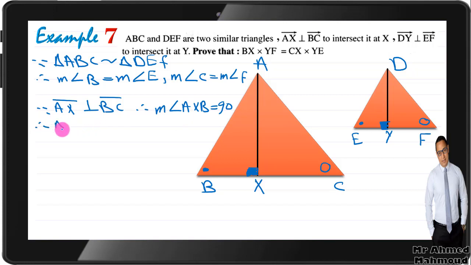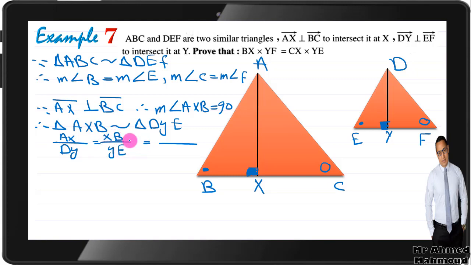Therefore triangle AXB is similar to triangle DYE. And from the similarity, AX over DY equals XB over YE equals AB over DE.